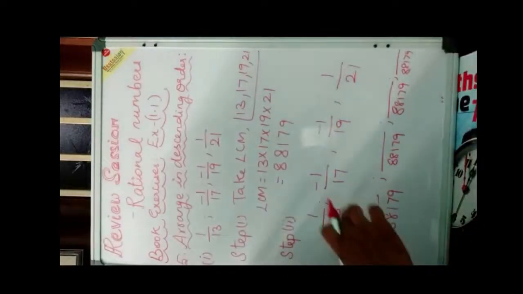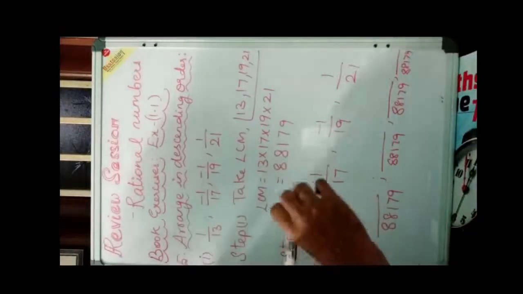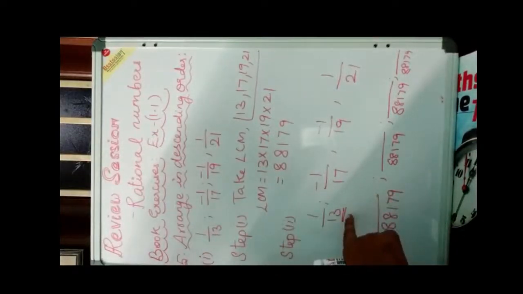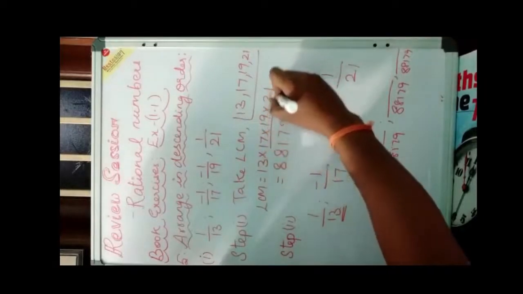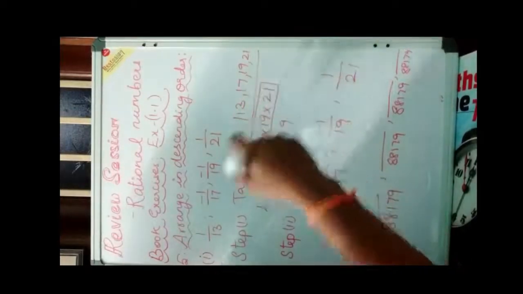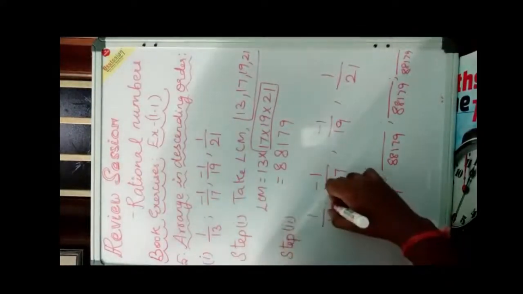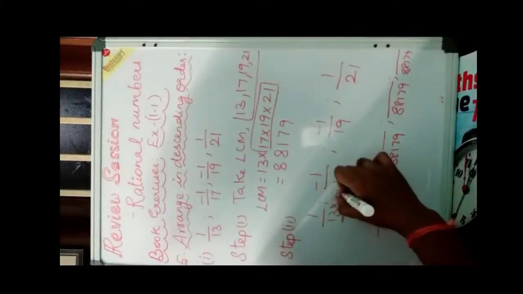So here I'll say a small trick. If you need to multiply, you can leave this number and multiply the remaining numbers. If you are going to multiply 17 into 19 into 21, you will get 6783. So just multiply.